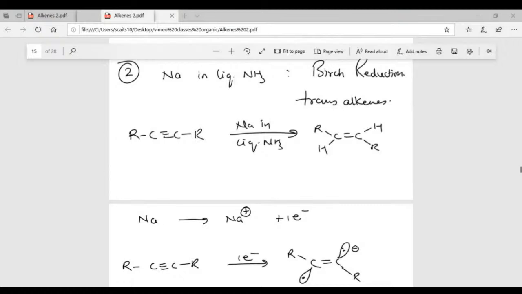Okay, when we study the alkyl halide chapter, it is very important that we know how it works. So please go through the overall elimination reactions.